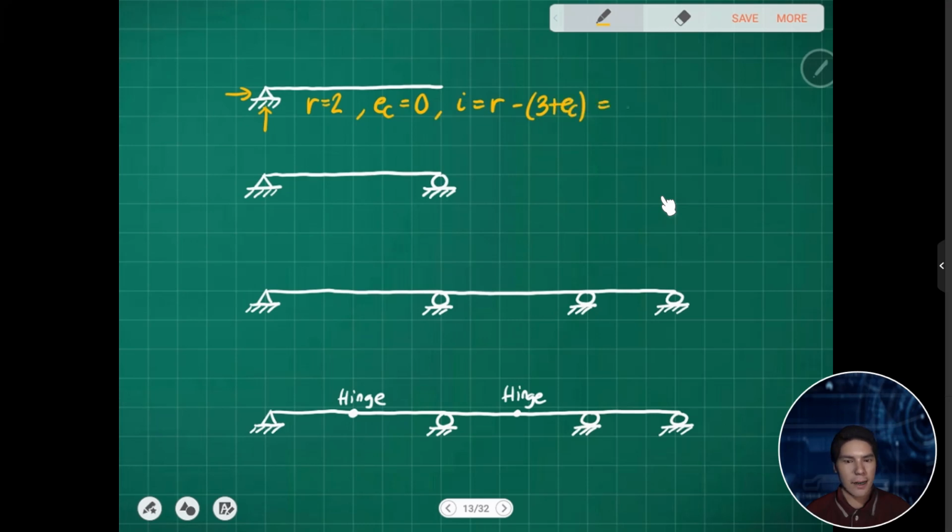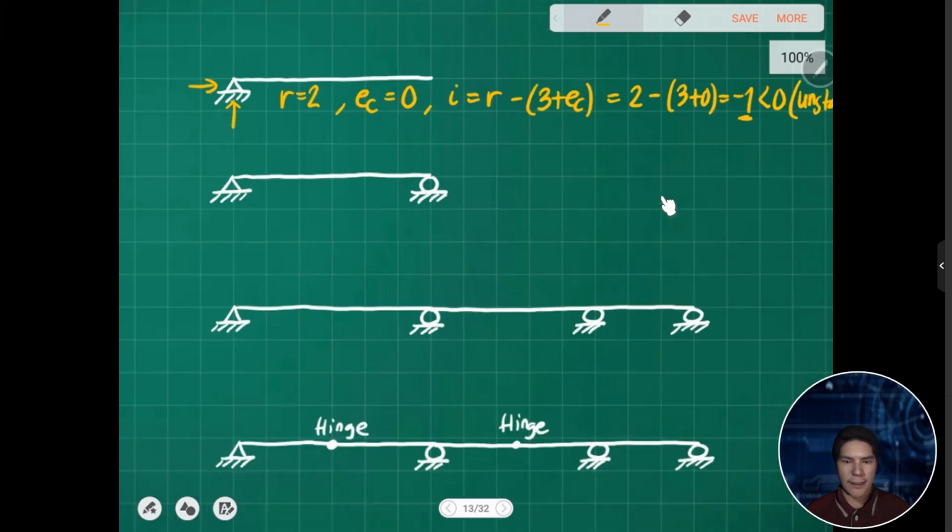So we have 2 minus 3 plus 0. So we have negative 1. So this is less than 0. Therefore, this is unstable. So we need at least one redundant force to make it stable.